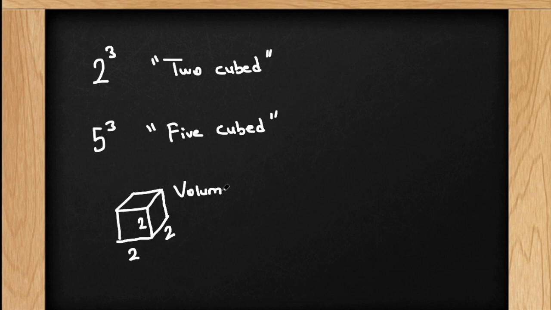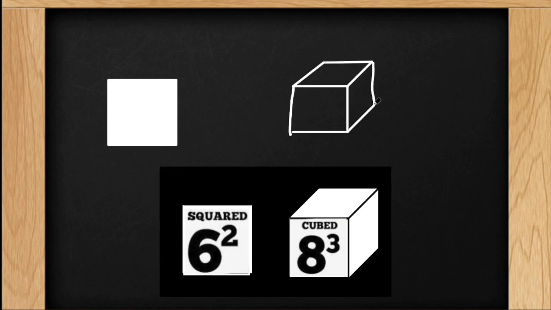In this example, the volume of our cube is 2 times 2 times 2, or 2 cubed, which is equal to 8. So squaring a number gets its name from squares, and cubing a number gets its name from cubes.